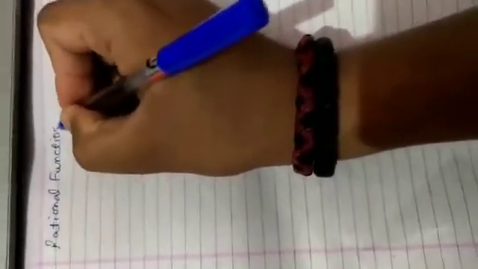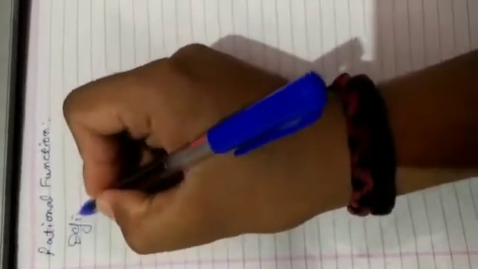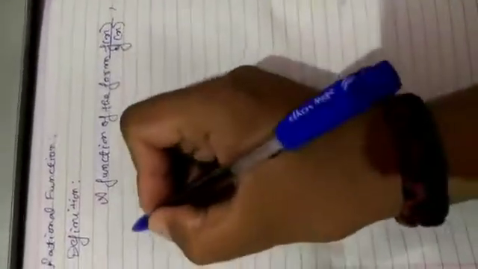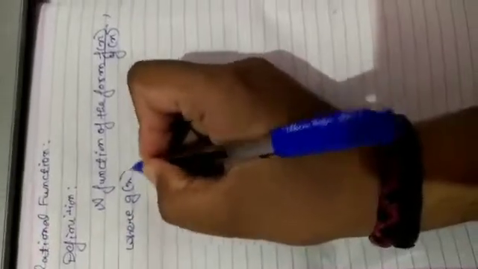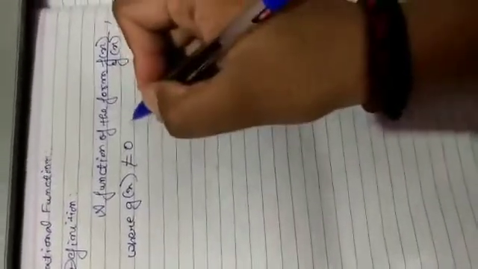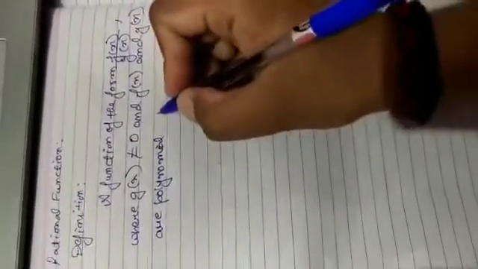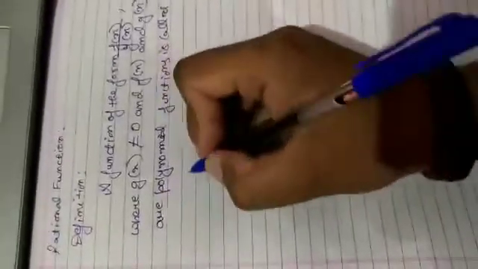Rational function. Okay. So the definition for this is: a function of the form f(x) upon g(x), where g(x) is not equal to 0 and f(x) and g(x) are polynomial functions, is called a rational function.